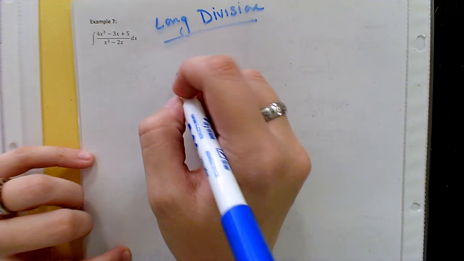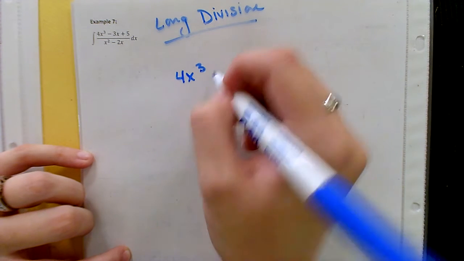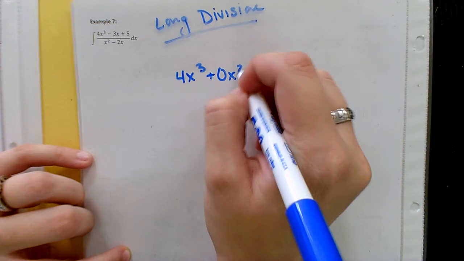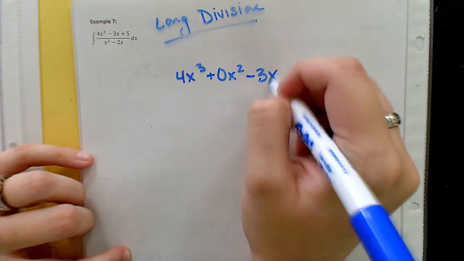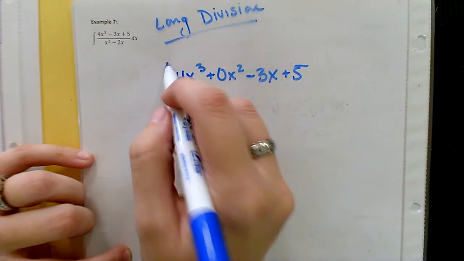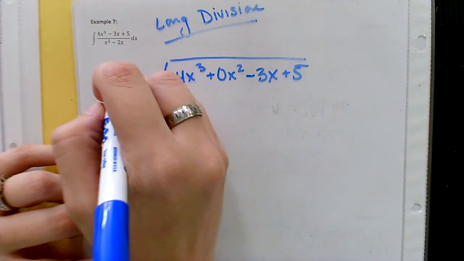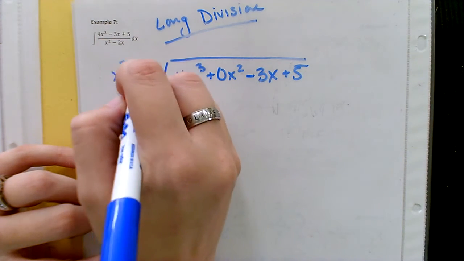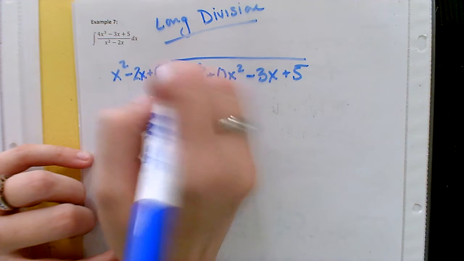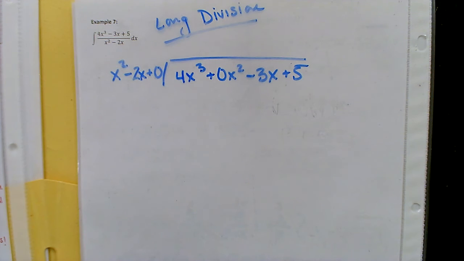So let's go ahead and set up our division. We have 4x cubed. We're missing an x squared term, so we have to put in that 0 placeholder. And in the divisor, we're missing the constant term on the end, so we'll have to put on that 0 placeholder as well.